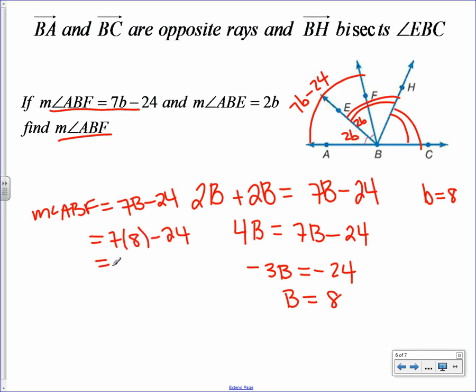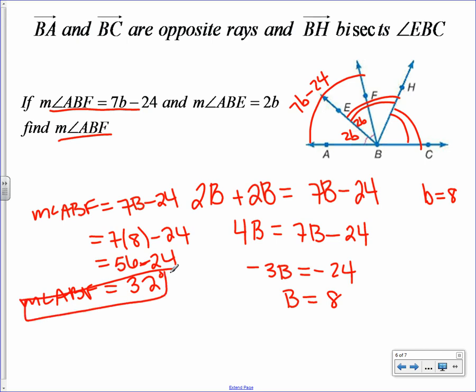So what's 7 times 8? 56 minus 24 is, measure angle ABF is 32 degrees. Pretend I didn't cross it out and I circled it instead. So did we answer the question? Great.